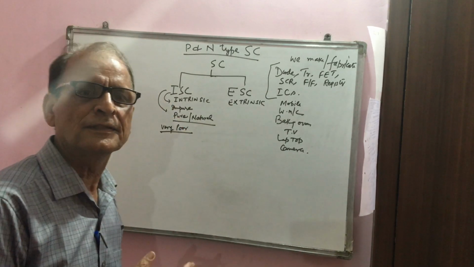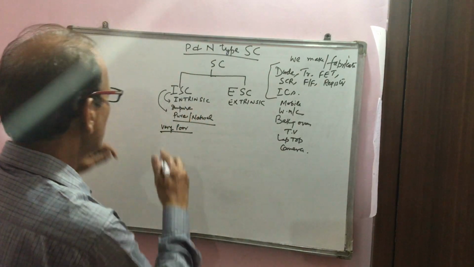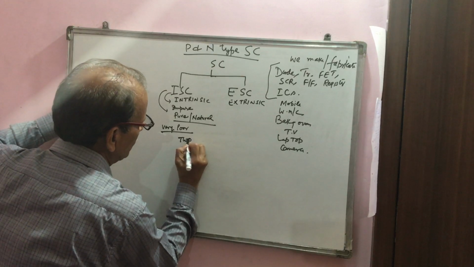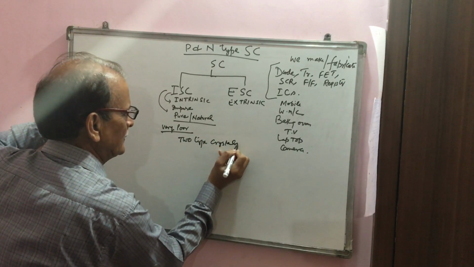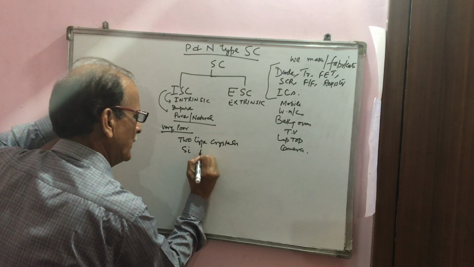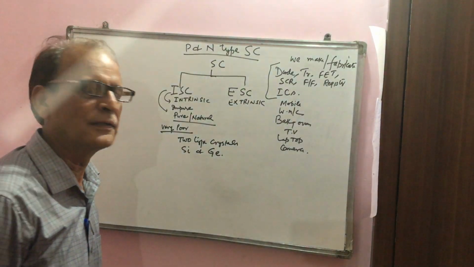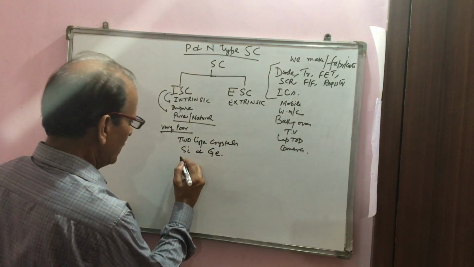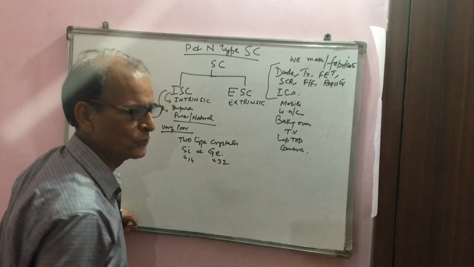To explain this intrinsic semiconductor, we are having two types of semiconductor crystal: silicon and germanium. The atomic number of silicon is 14 and germanium is 32.